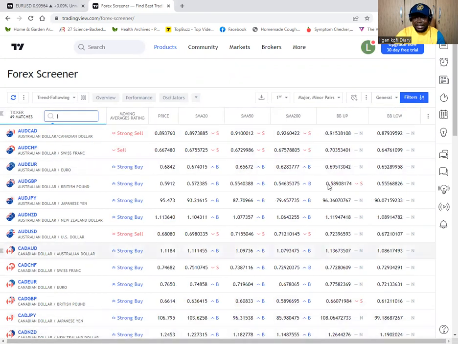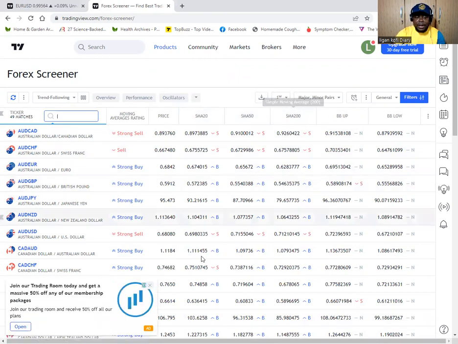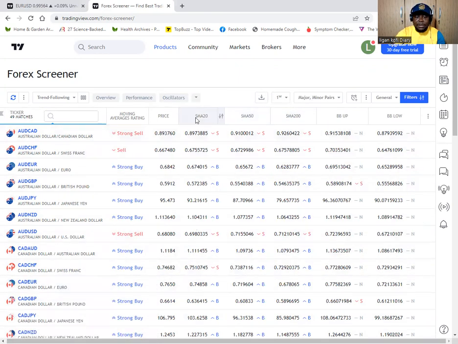So by adding 1, 2, 3, 4, 5 indicators, it is able to give you the general rating over here.